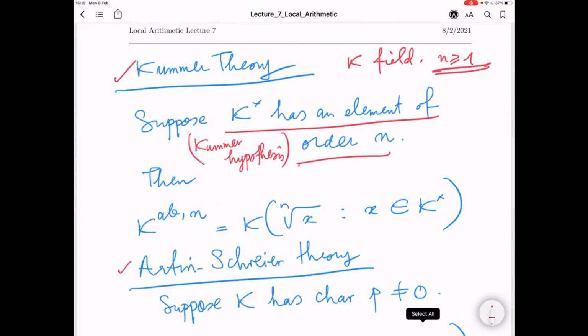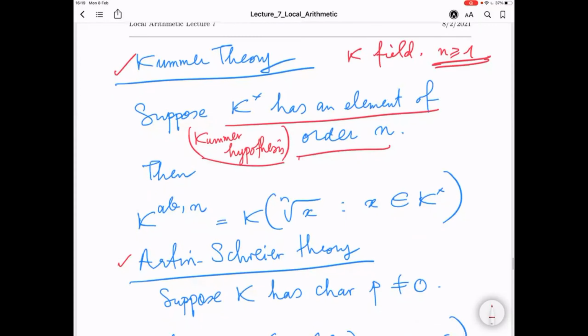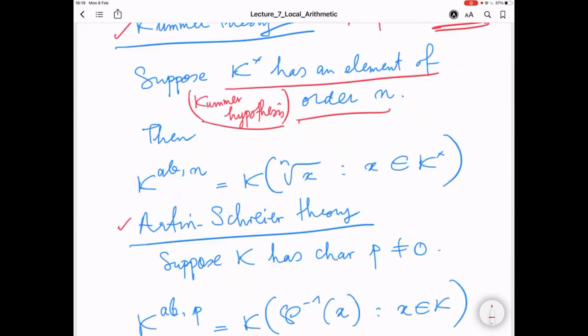This is the hypothesis under which Kummer theory works. Then Kummer theory tells you that the maximal abelian extension of K of exponent dividing n is obtained by adjoining the nth roots of everything in K*.